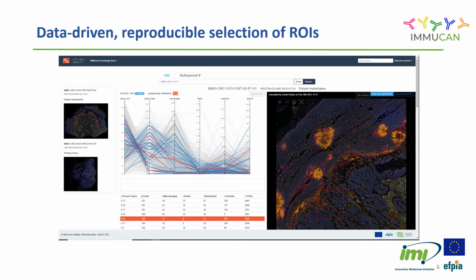We can, for the entire tumor area, determine the T cell, macrophage, B cell, neutrophil, and dendritic cell counts, as well as the tumor cell numbers. Now, in a web-based tool, researchers at the University of Zurich can choose regions of interest defined by distinct cell counts for each of these populations.